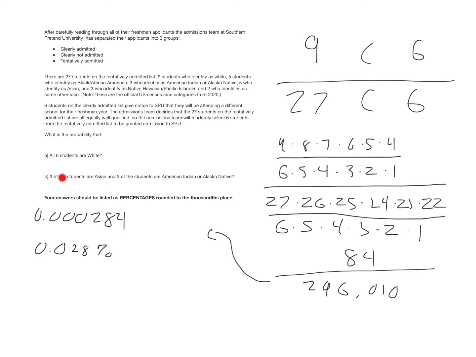Now it's switching to, what about 3 being Asian and 3 being American Indian or Alaska Native? So this numerator needs to change, but the denominator should be the same, because we still have 27 students and we're still choosing 6 of them. So the total number of ways that this selection can happen should still be 296,010. It's just the numerator that needs to be changed.